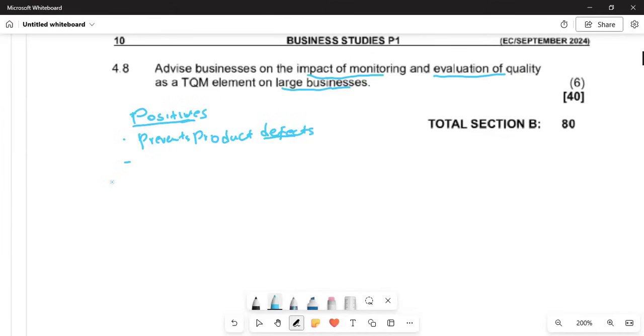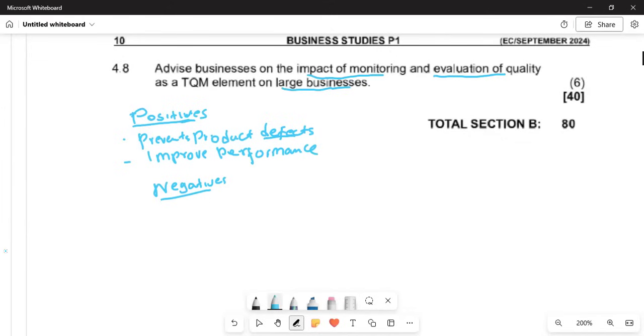It also improves performance. Improve performance and maintain high quality standards. Those are the positives. Now we can come to negatives.